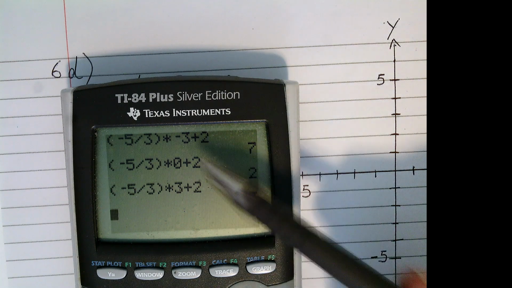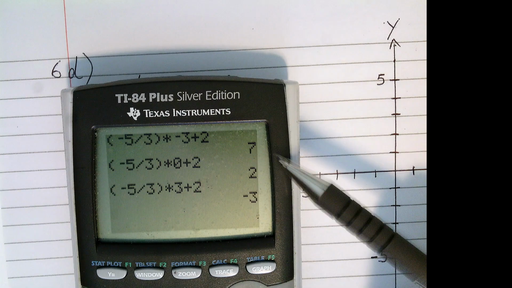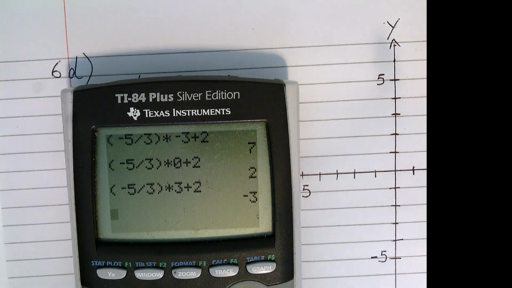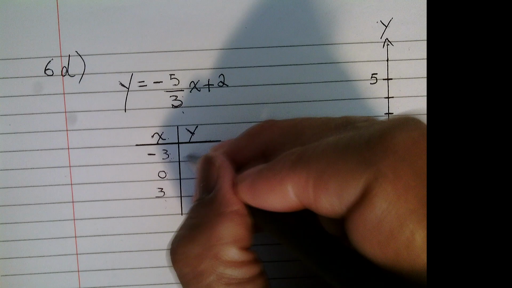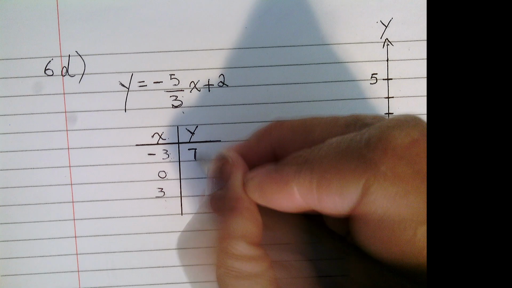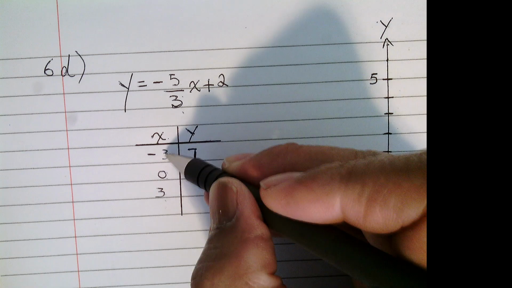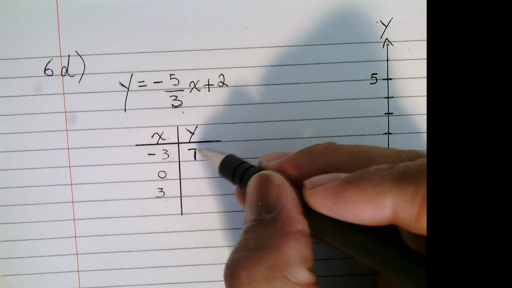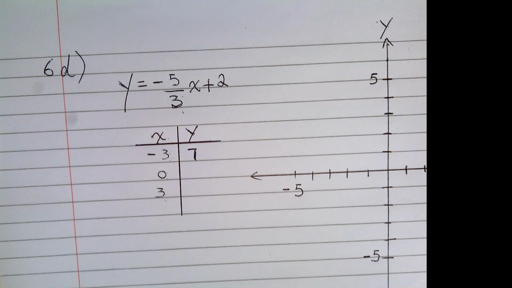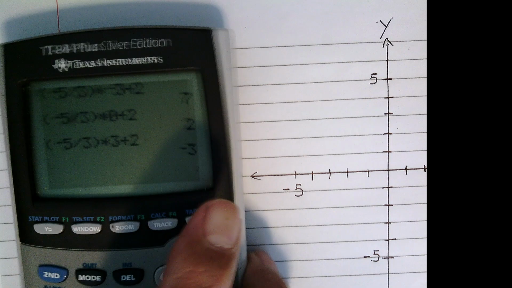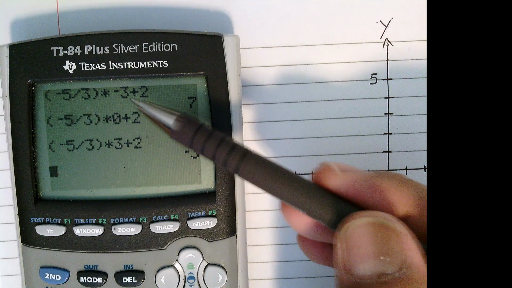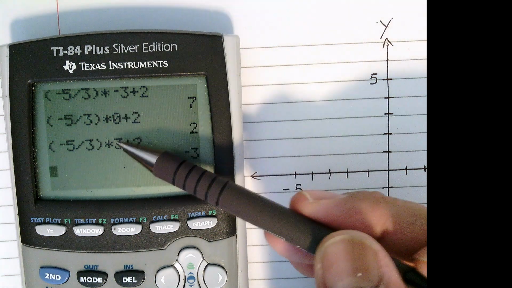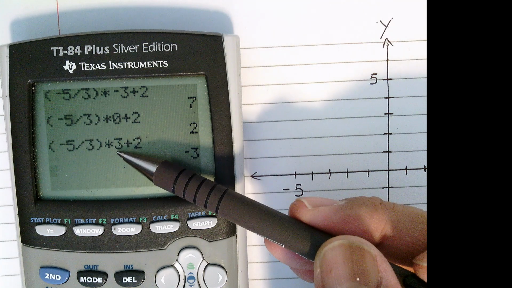You put x equal to -3, and the calculator says, boom, 7. So you transfer the result, 7. Now you have a pair of numbers in the order of -3 and 7. Then for the second line, I put x equal to 0. For the third line, I put x equal to 3.